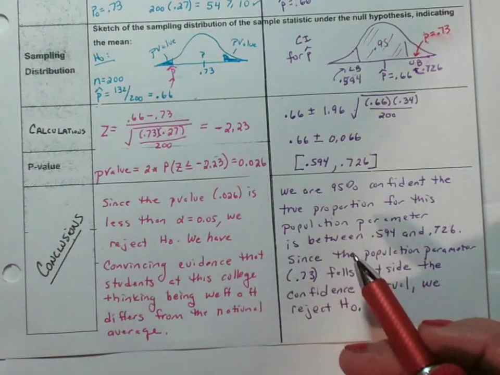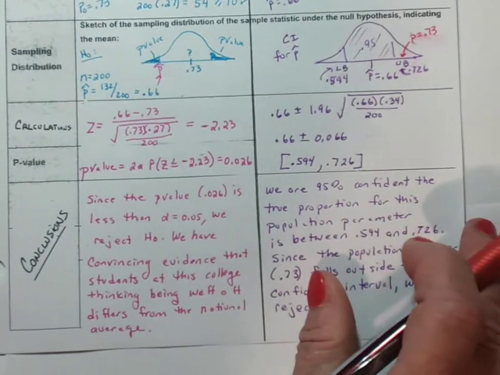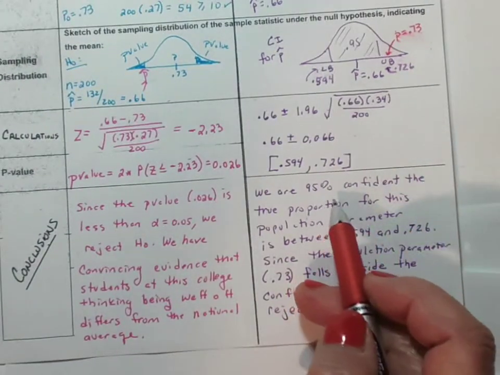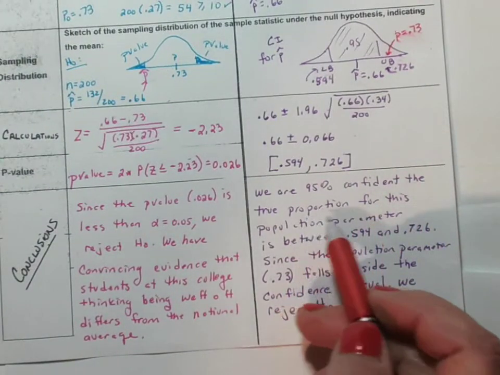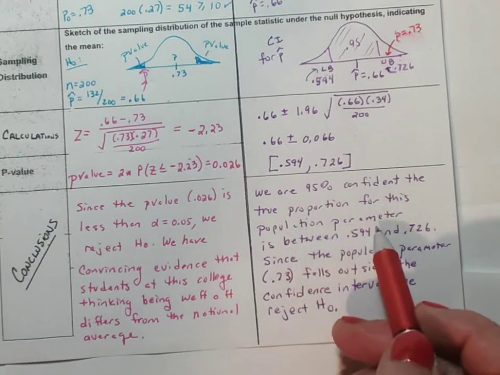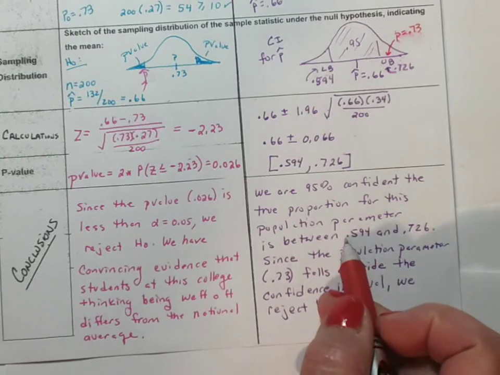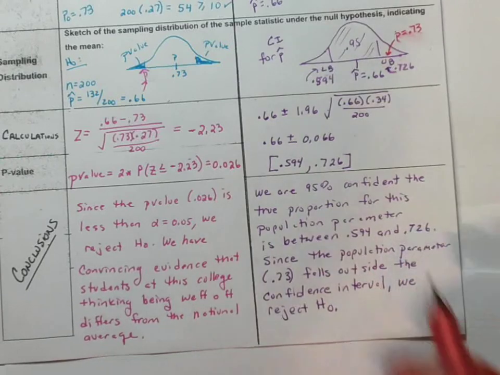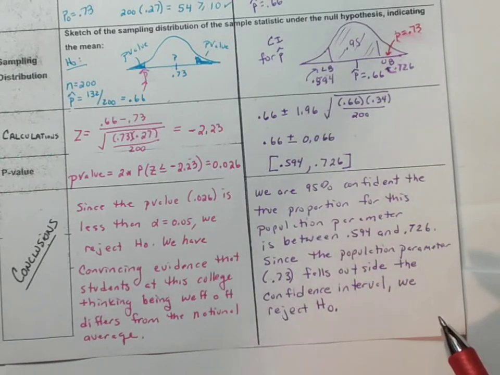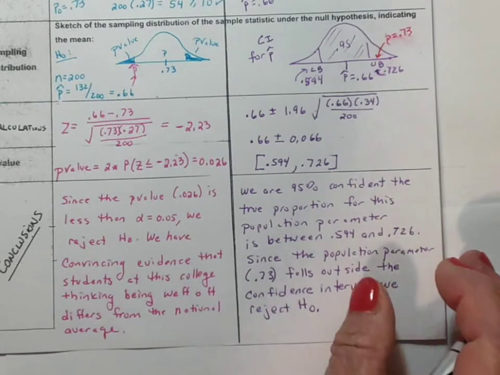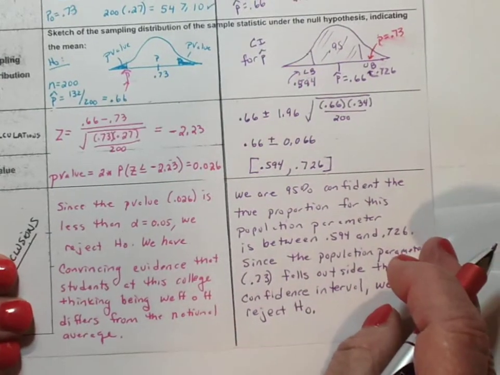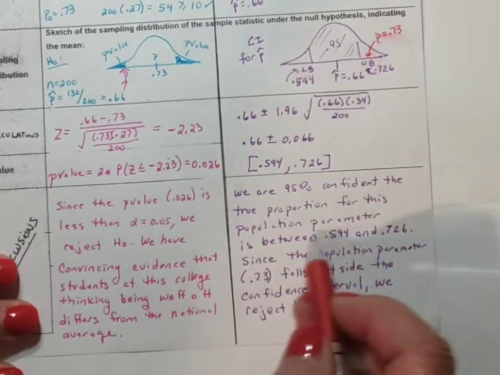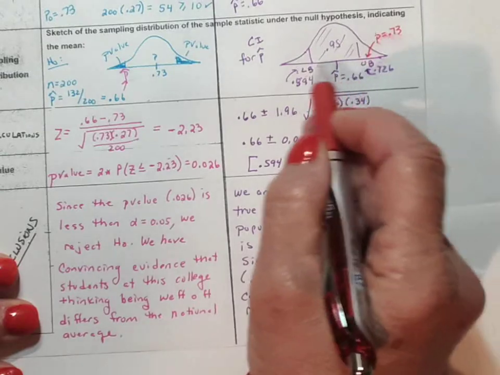Now the confidence interval, I told you, gives us more information. We are 95% confident the true proportion for this population parameter, for these college students wanting to be well off, is between basically 59% and 73%. Now if we look here, so this is going to give me the area here.